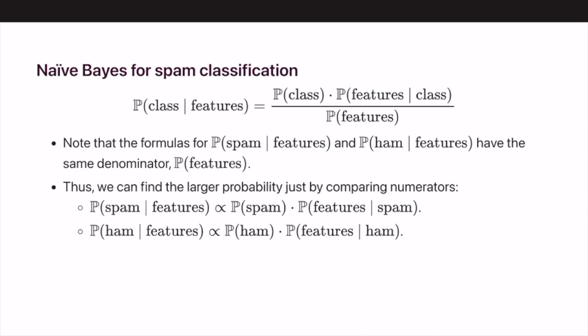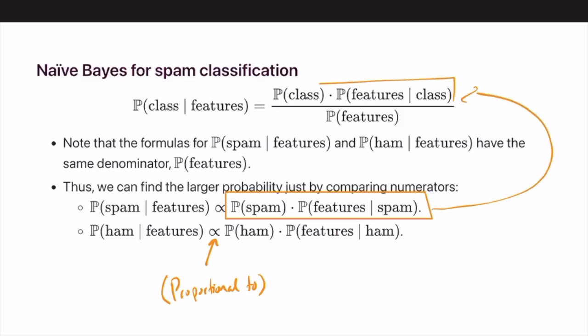And remember, we have this thing here, which is proportional to. Each one of these corresponds to this, because what we really care about predicting are these things.